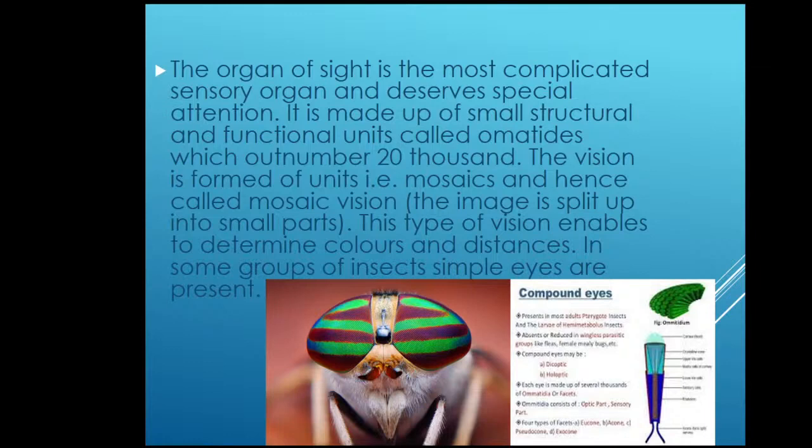This type of vision enables determining colors and distances. But for some parasitic insects, simple eyes are characteristic.